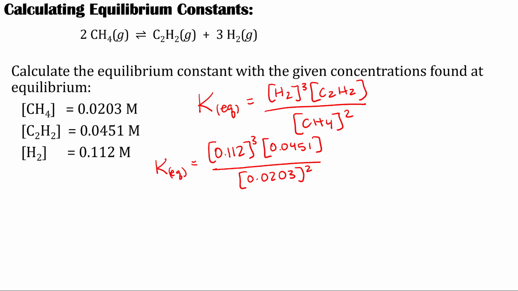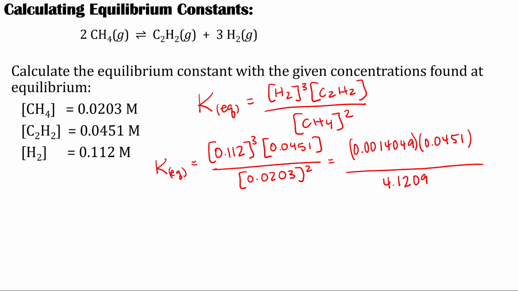So the first thing I'm going to do is calculate what 0.112 cubed is, and I get 0.0014049. And then on the bottom, I'm going to square the 0.0203, and I get 4.1209 times 10 to the negative fourth.